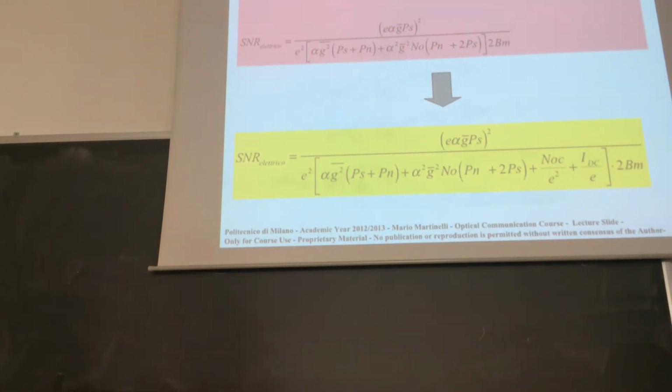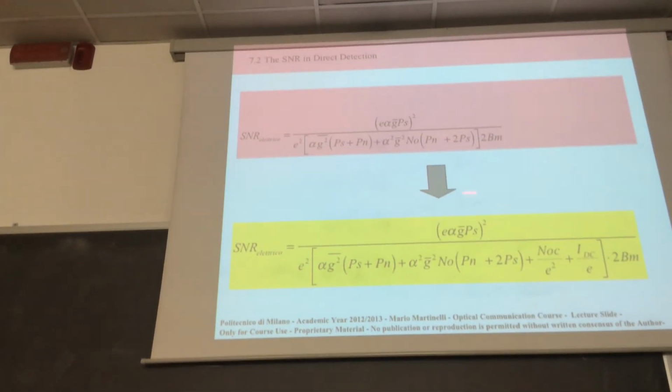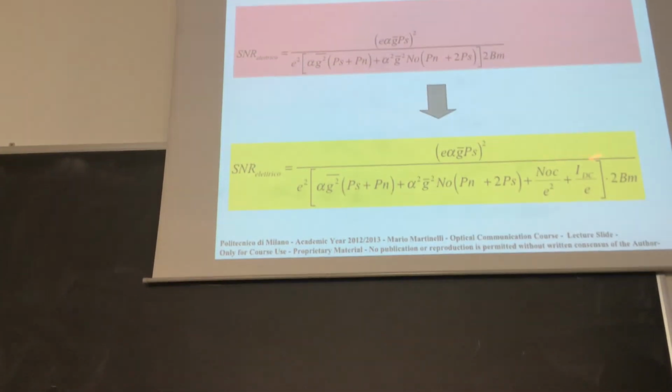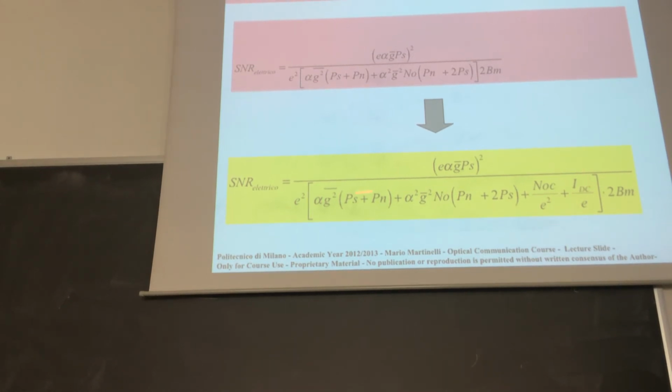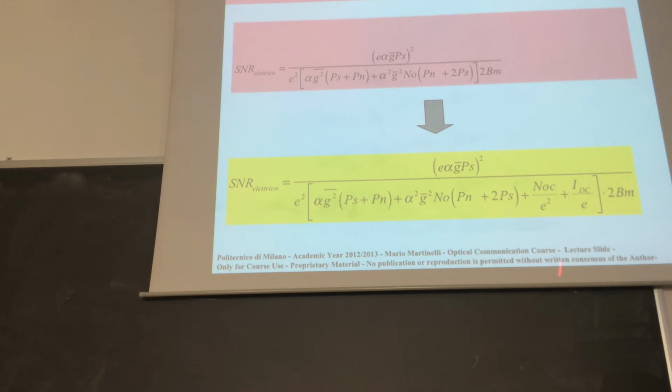Now, in order to summarize, we arrive at this expression by considering the Johnson noise, the dark current noise, all this noise, and the shot noise. All these three noises are a residual of the black body theory, okay? Of the Planck black body theory, because it's the kT and the hf.